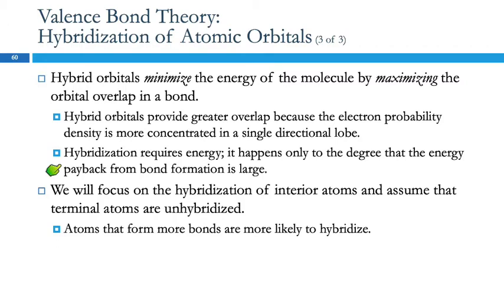And so forming those stronger bonds is a big enough payoff to make hybridizing the orbitals worth it. So we're going to look at just hybridizing interior atoms, and we're going to assume that the terminal atoms are just regular. Okay?